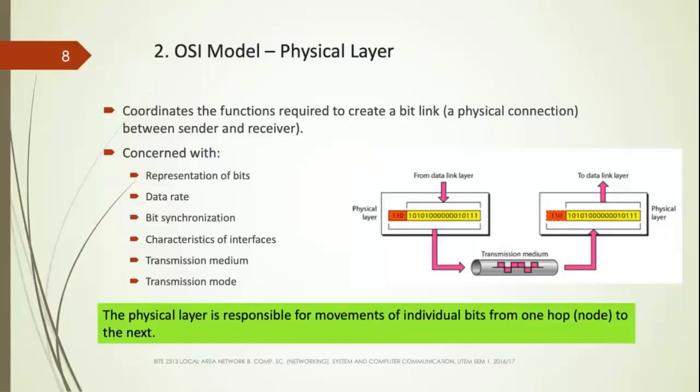What about the data rate? Physical layer is also responsible for data rate because we have different transmission rates. For example, if you are using wireless, the data rate is different from using copper wire, and different again if you are using fiber optics.